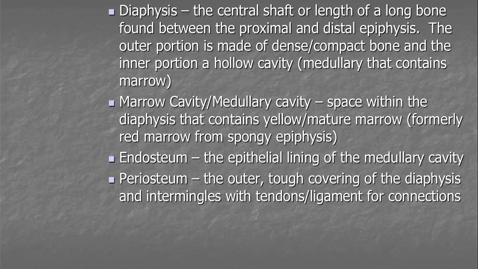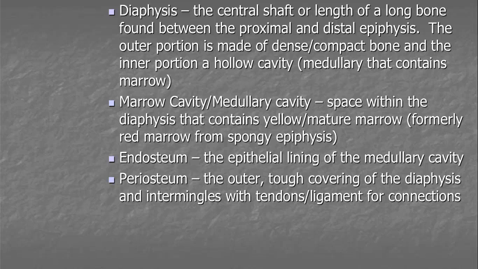This is called either the marrow cavity or the medullary cavity. Either way, what's contained in there is going to be spongy bone and bone marrow. The bone marrow fills the spaces within the spongy bone. Inside that marrow cavity of the diaphysis, you will have yellow marrow and red marrow.